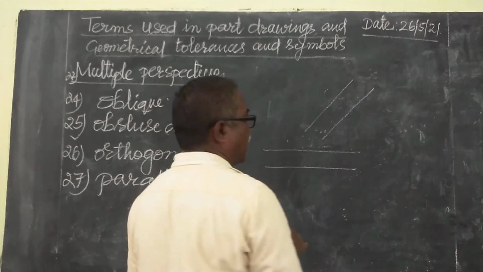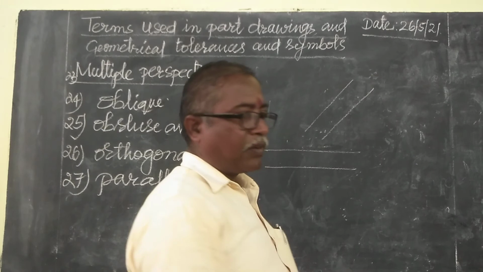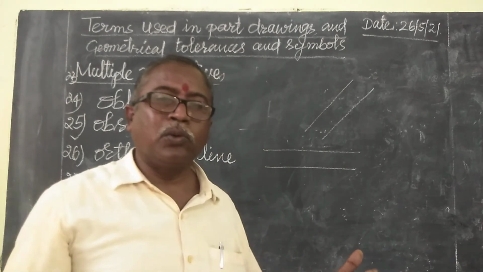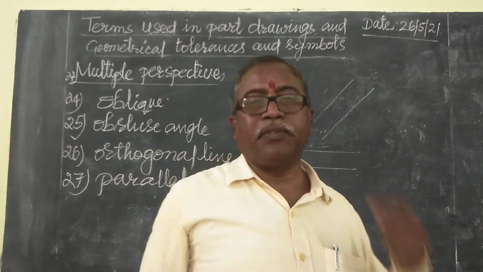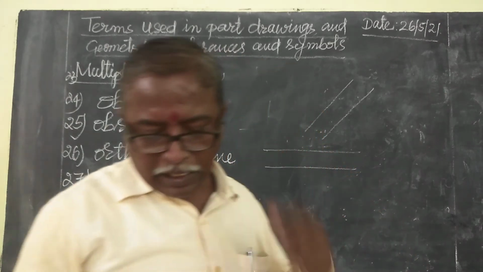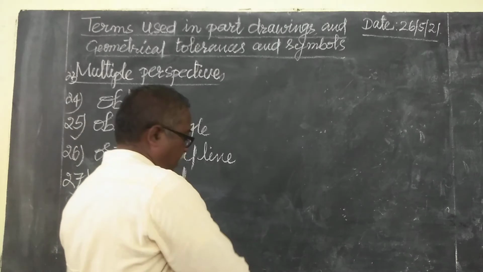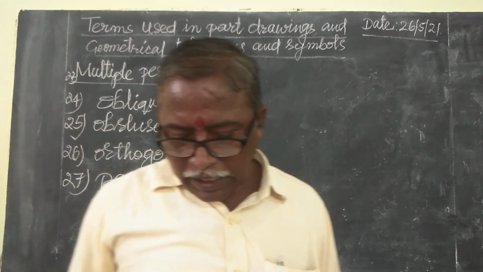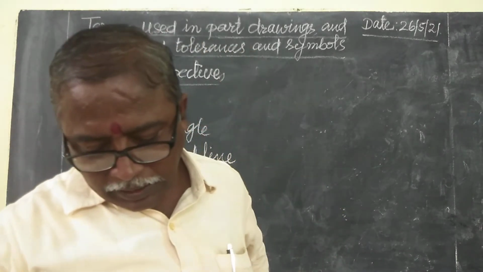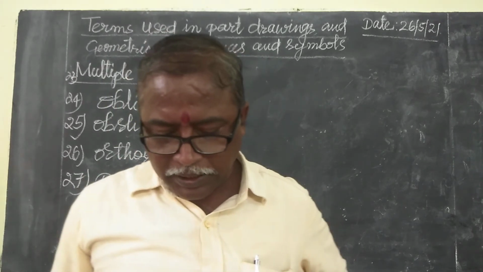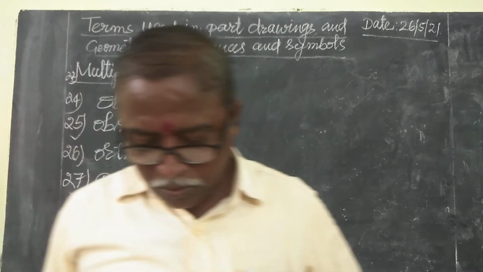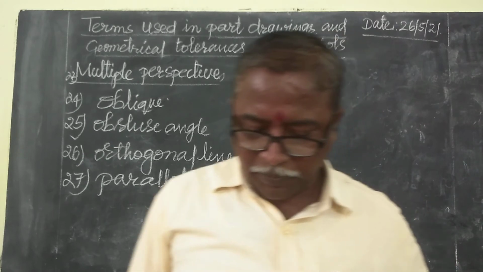These two are parallel. So even in the curvature, where two lines are not touching, we can call it as parallel lines. Then that is given here, extending in the same direction at the same distance apart so as never to meet.